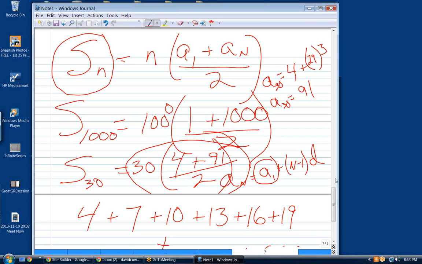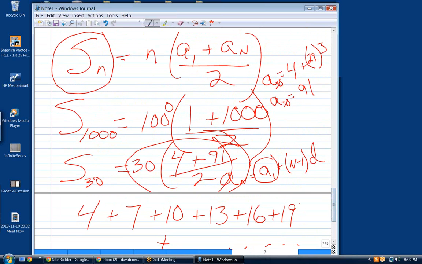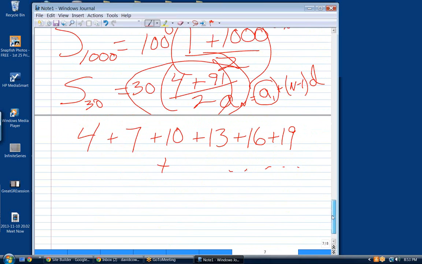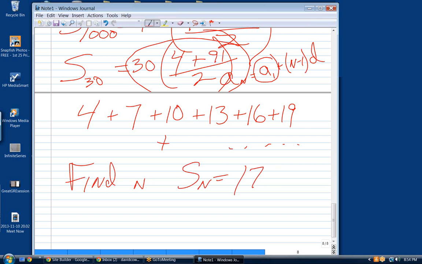And we've got just about enough time to ask another question about this problem, which is, find n such that s sub n is equal to 175.